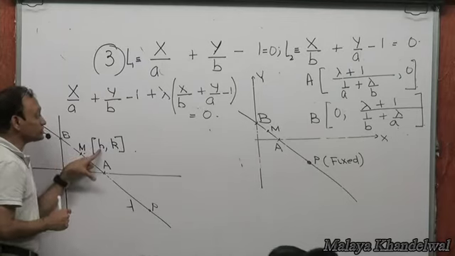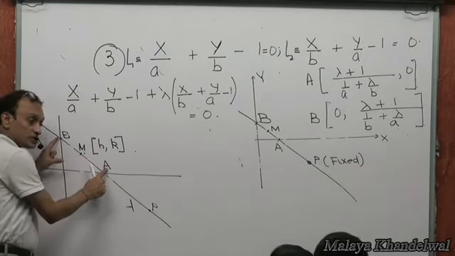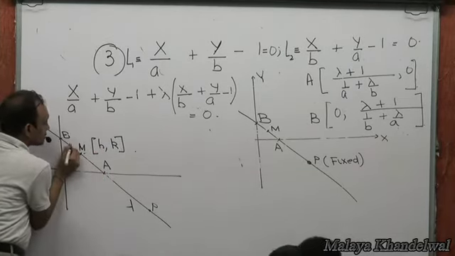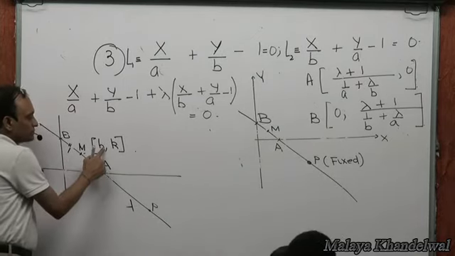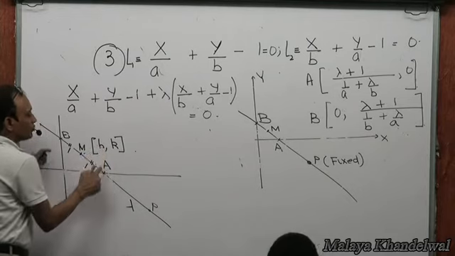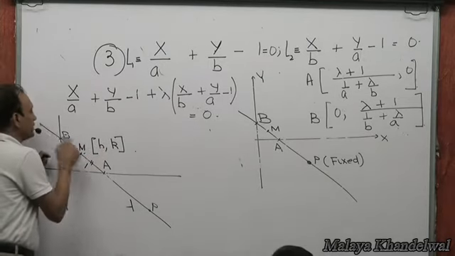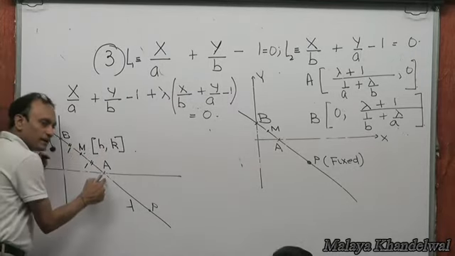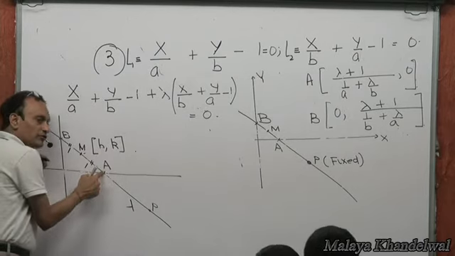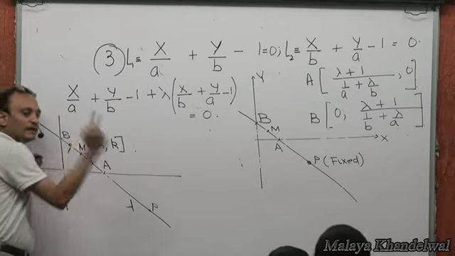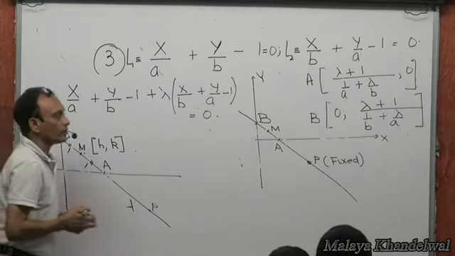How do you obtain H? Section formula. If this is the midpoint, this is 1:1. The H coordinate, the x coordinate of M, would be x coordinate of A plus x coordinate of B divided by 2. The y coordinate of M, K, would be y coordinate of A plus y coordinate of B divided by 2. Yes or no? Right?